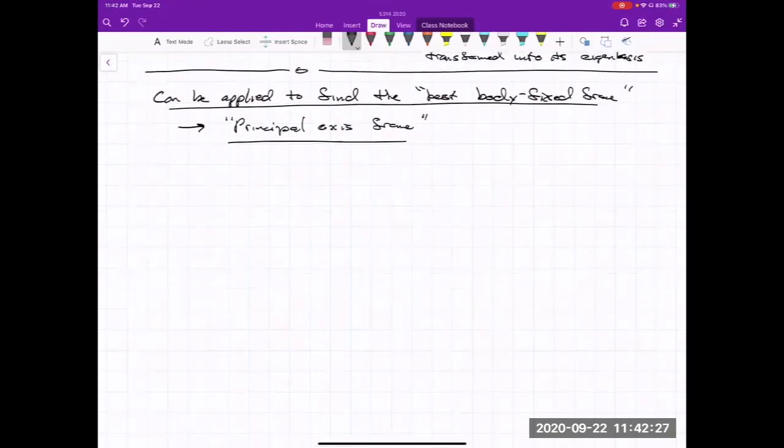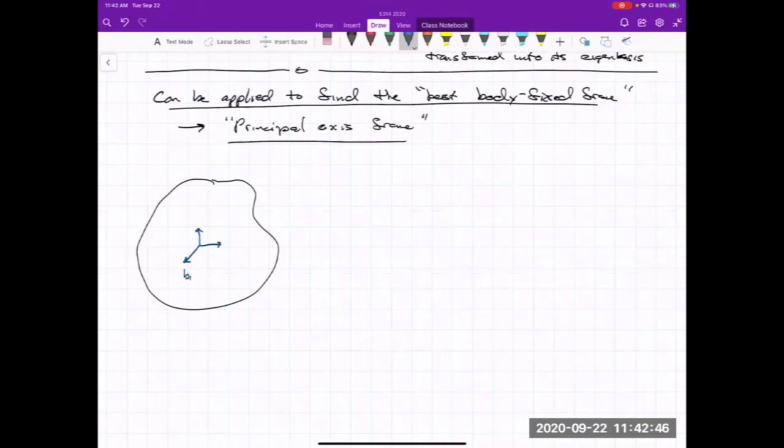So if I have, let me sketch over here, a general rigid body, and suppose I've just chosen some frame, B1, B2, B3, some initial body fixed frame that was good for making my calculations.